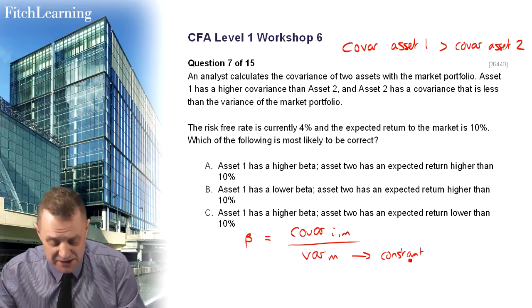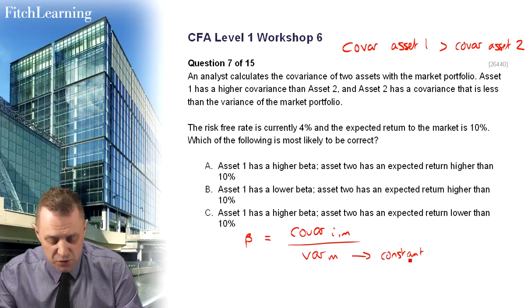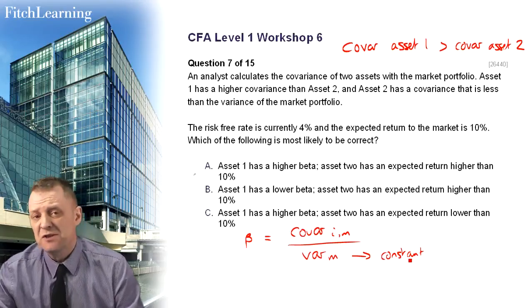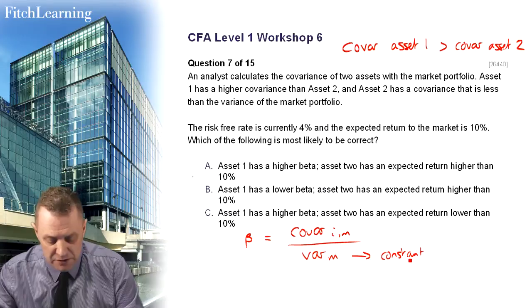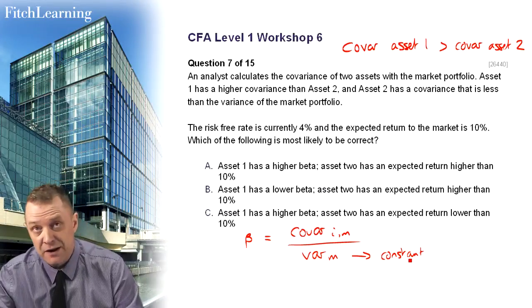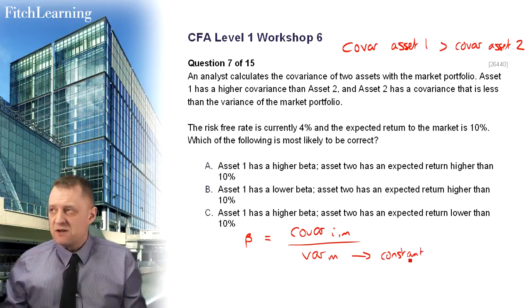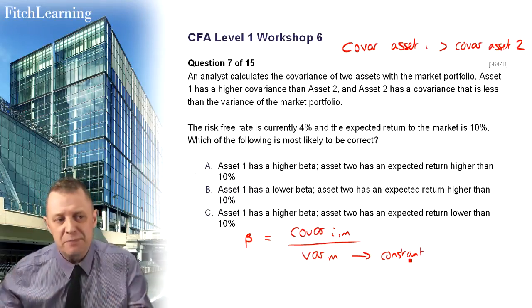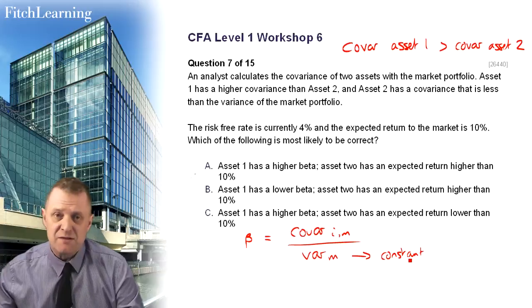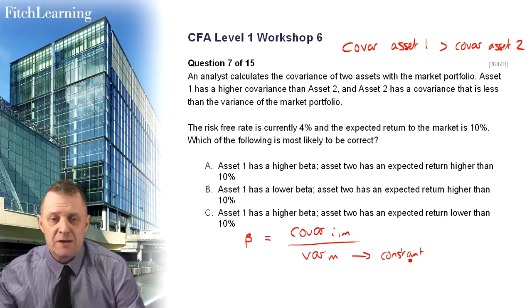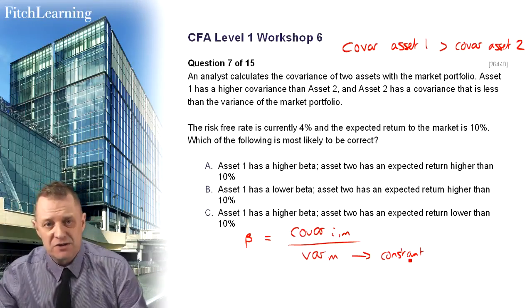In the answers A, B, and C, it asks us to decide which one of asset 1 and asset 2 has got the highest beta. Now, from this formula, given that beta equals covariance over the variance of the market, and given that the variance of the market is constant, what drives beta here is the covariance between the investment and the market. So the higher that is, the higher the beta is going to be.